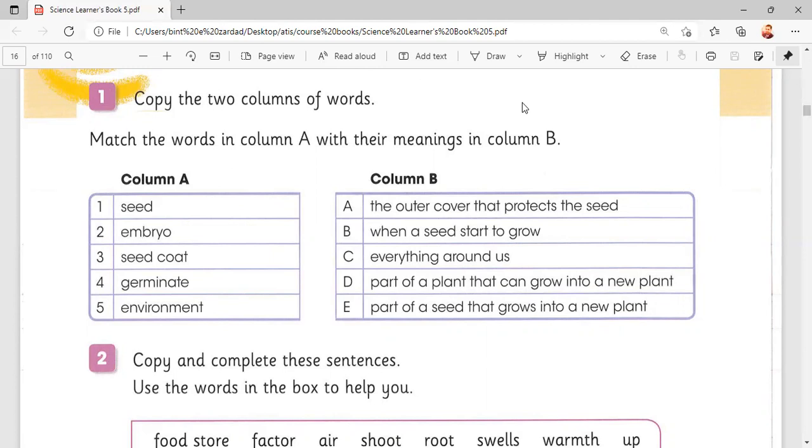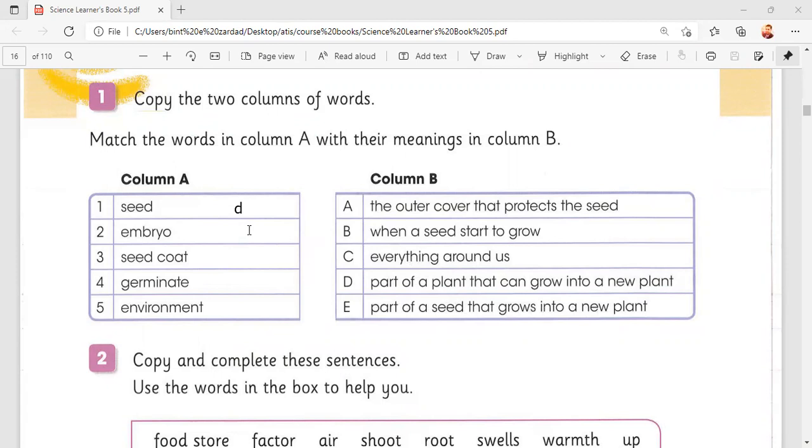Now, a seed is a part of a plant that can grow into a new plant. Yes, this is the correct one. So this option is correct. Embryo. What is an embryo? A tiny plant, the part of a seed that grows into a new plant.